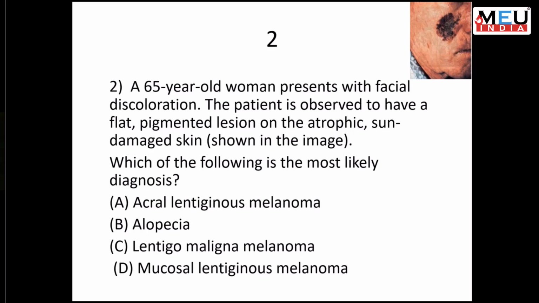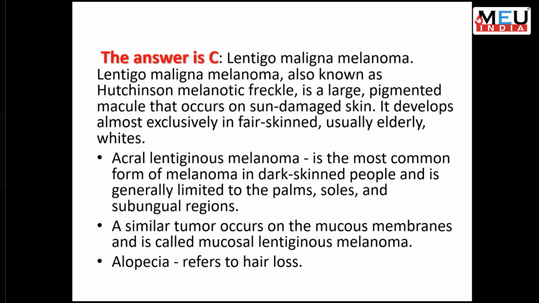The answer will be C, lentigo maligna melanoma. We have to discuss the other name for that, and the remaining types of malignant melanoma we can discuss here. For ruling out the other answers, we can say alopecia refers to hair loss. For mucosal lentiginous melanoma, we can also discuss where it occurs.